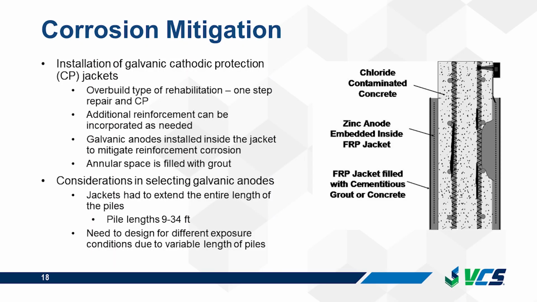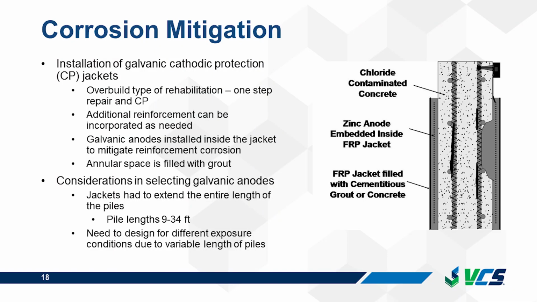The jacket allows you to do a cathodic protection and a concrete repair in one step. So anodes are attached to the jacket. The anodes mitigate the corrosion. And then the jacket is filled with grout. So this grout will fill any cracks or spalls within the jacket.